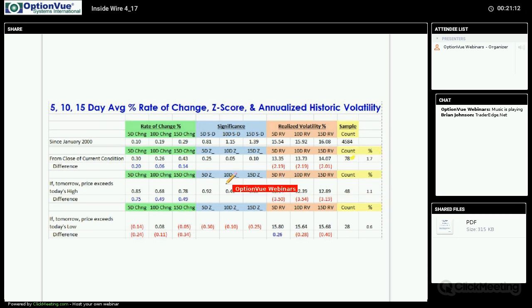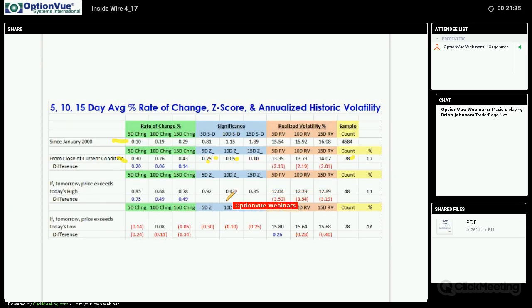So here's the report for yesterday. You can see that, and here's our benchmark. Okay, and then you have the 5, 10, and 15-day rates of change for this current market condition, which occurred 78 times. The z-scores are pretty flat, at a quarter of a standard deviation to the upside.